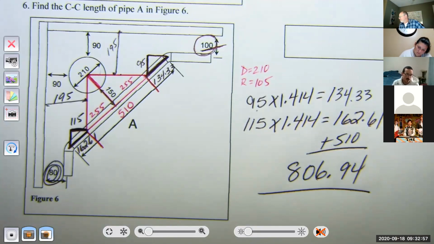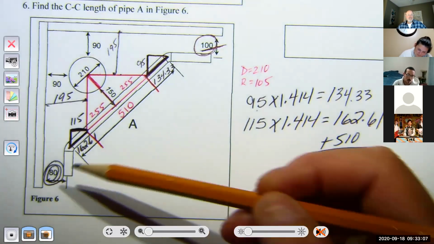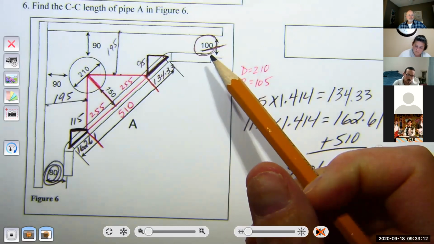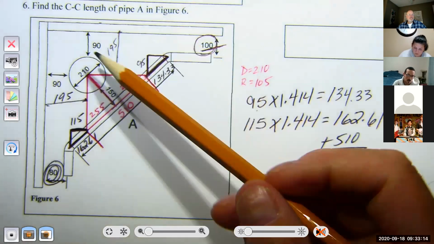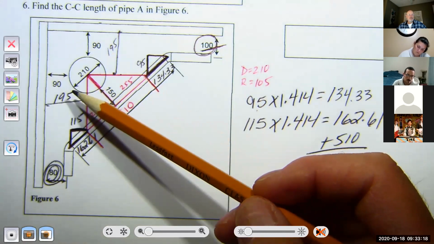In that situation, couldn't you just get the coordinate measurement if you wanted to? No, because down here I have 80 and then I have 100, so it's not even. And sometimes these two measurements, 90 and 90, aren't the same.